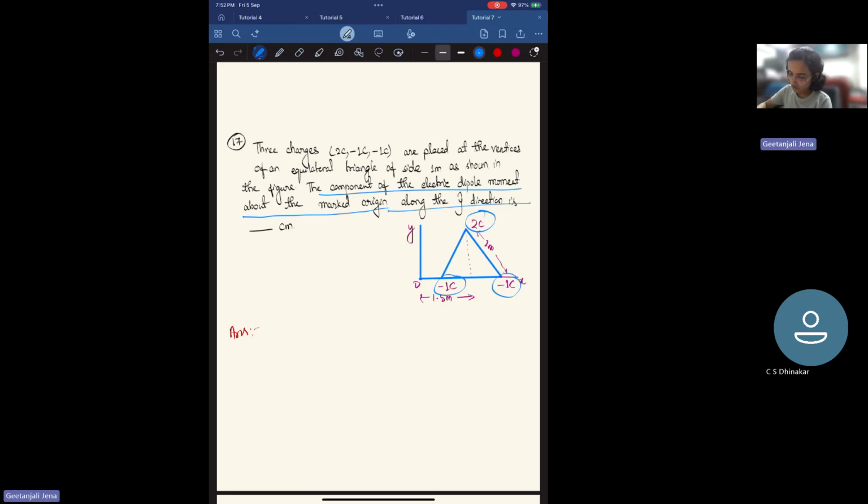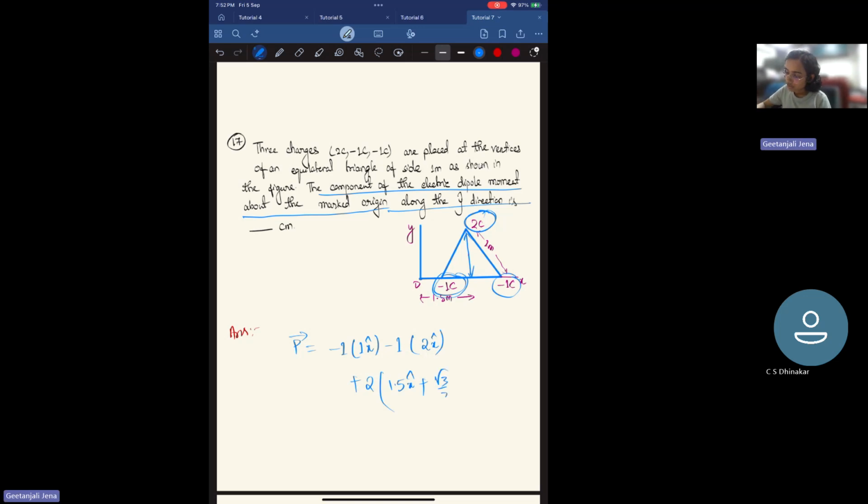I think it's better if I solve it first. So p, you can write it as summation of ri prime qi, right? So for minus 1 coulomb, you can write it as minus 1 x-cap, minus 1, 2 x-cap, plus 2. The location of this is 1.5 x-cap plus height of this equilateral triangle, root 3 by 2 a.